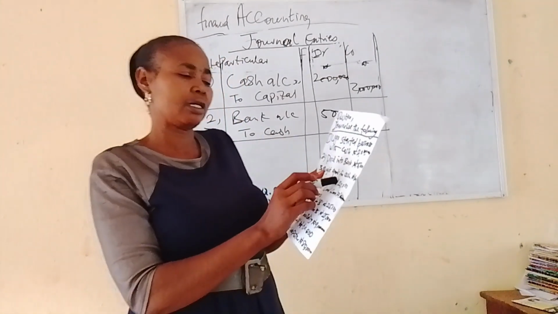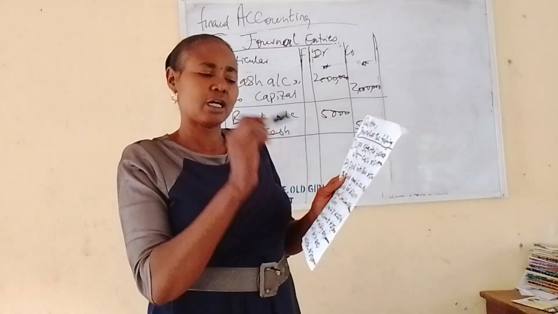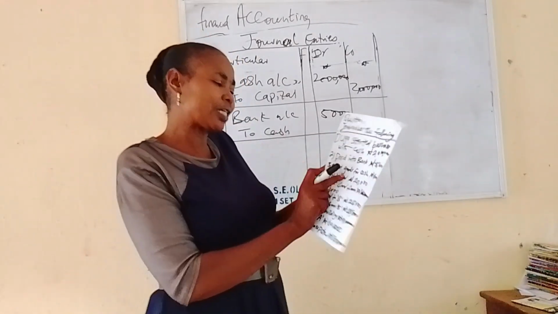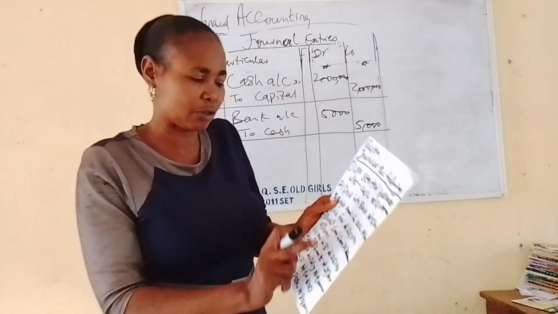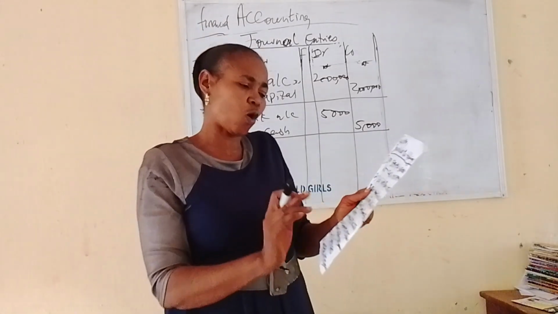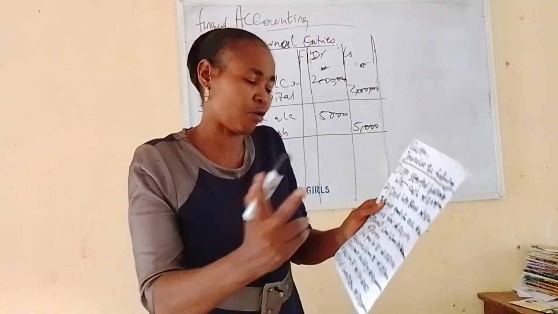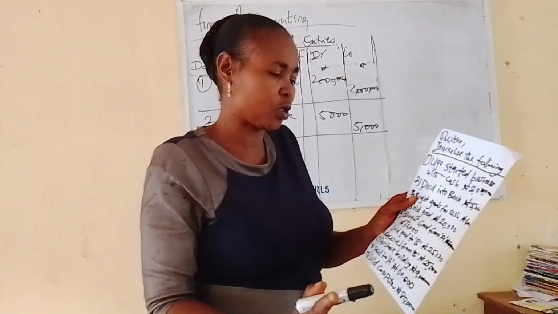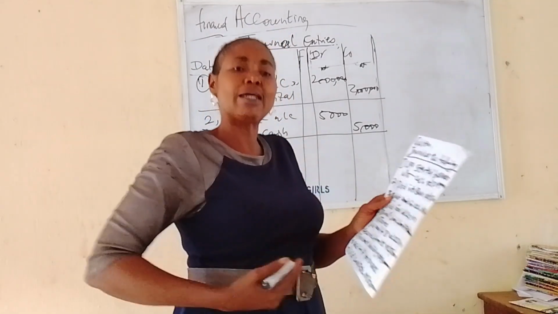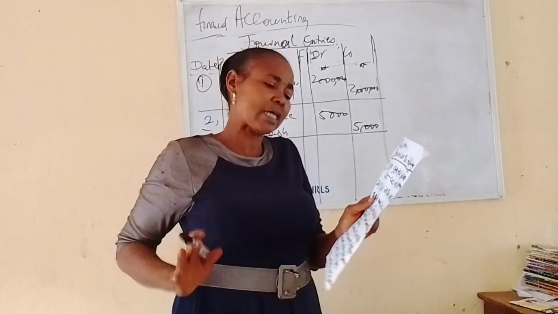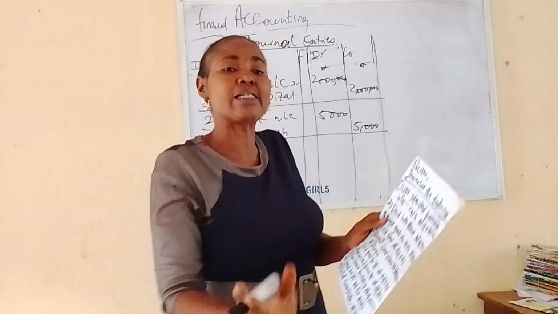You made purchases for cash, 6,000. So the accounts involved are purchases account and cash account. Which one is coming in? He made purchases, so cash goes out. Purchases is coming in.